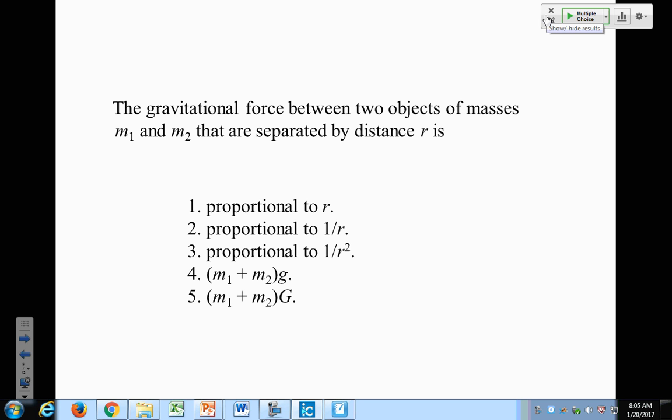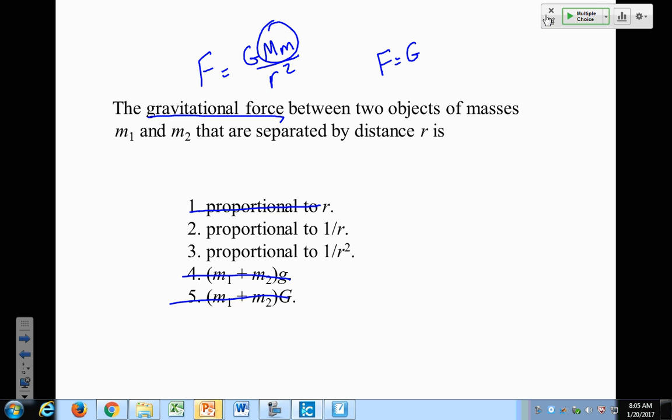You know, some of this is just sort of knowing the language, but my gravitational force is GMm over r squared. So the gravitational force is proportional to, is not m1 plus m2. Notice I multiply the masses, nor is it this. It's not r. That would look like, you know, F equals GMmR. So it's not that.